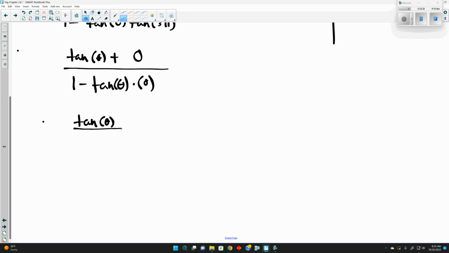Over, well, this whole part here is going to become 0. 1 minus 0 is 1, which is just tangent of theta. Some of these will work out nicely, some of them won't. When I say nicely, we get just a term, like the last two that we've got.